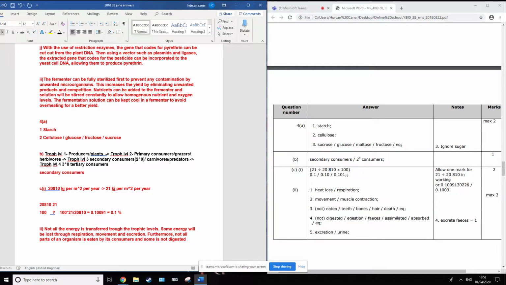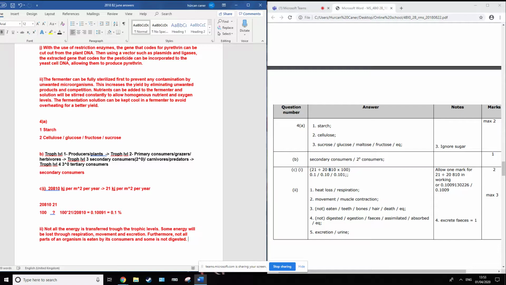So not all the energy is transferred to the trophic level. Some energy will be lost through respiration, movement, and excretion. Furthermore, not all parts of an organism are eaten by its consumers, and some is not digested. So you don't have a full energy transfer through trophic levels.